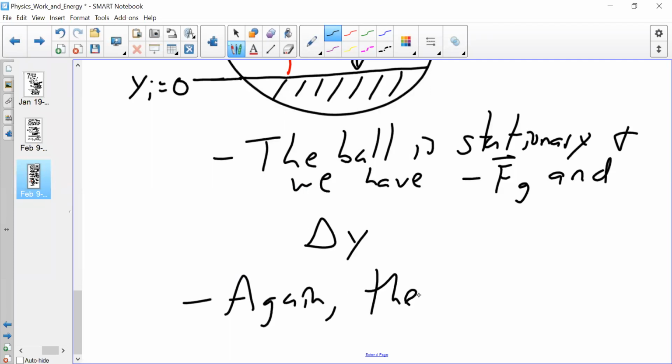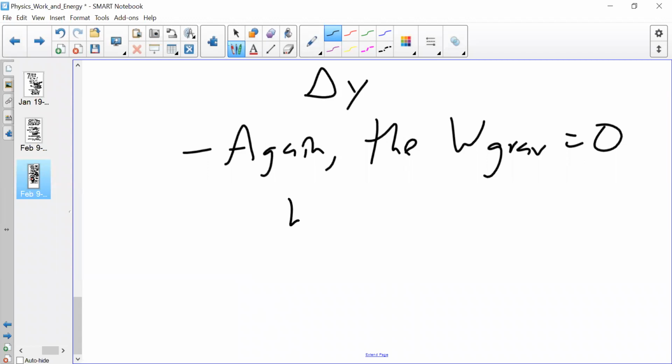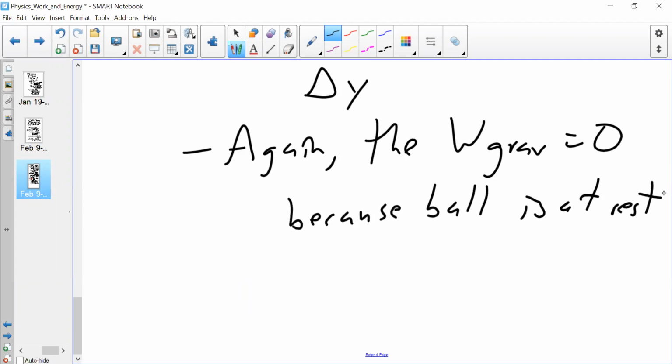Again, the work done by gravity equals 0. Because the ball is at rest.